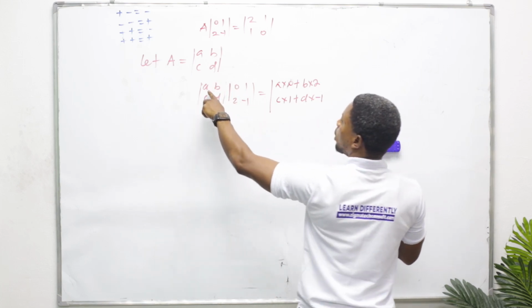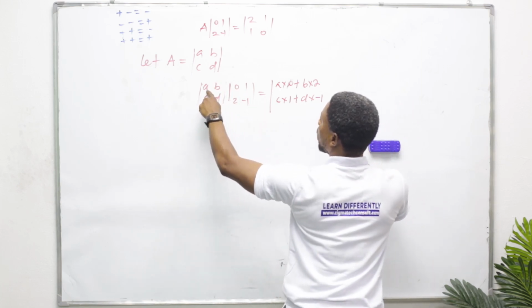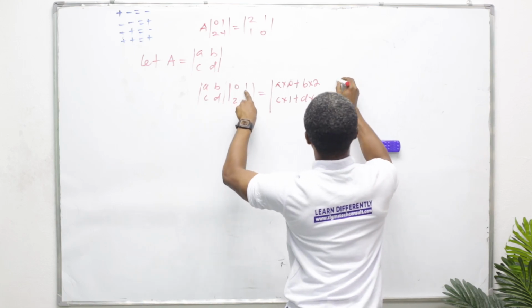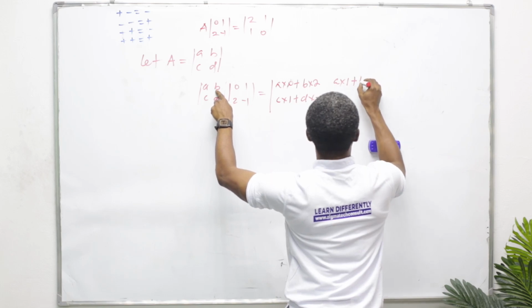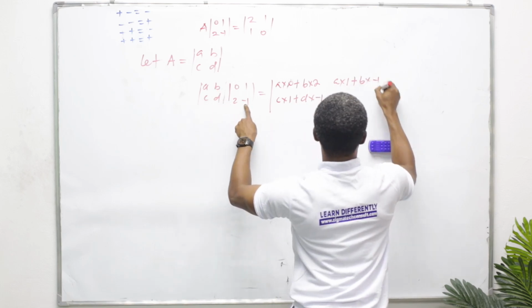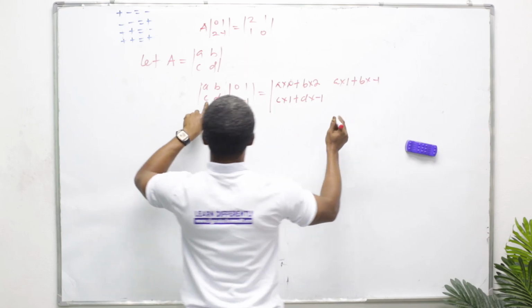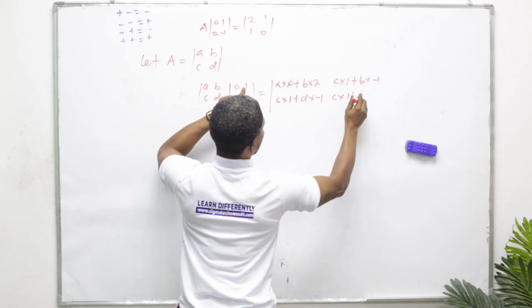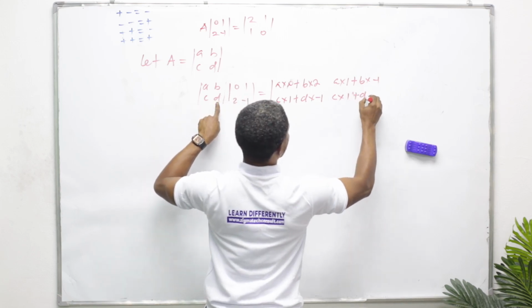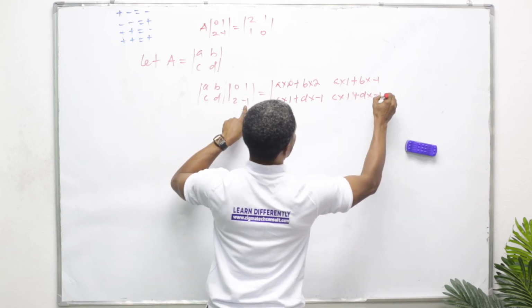Then this will now be the same thing again. A times 1, plus B times minus 1. Then you come again, C times 1 plus D times minus 1.